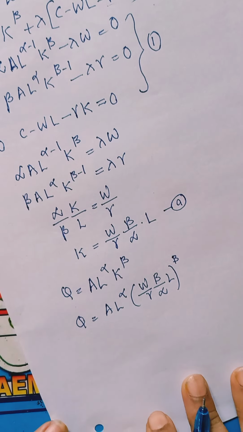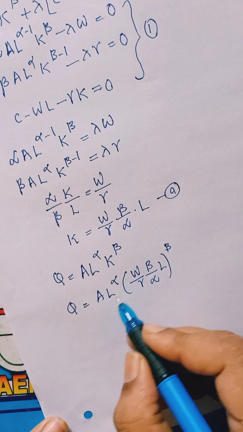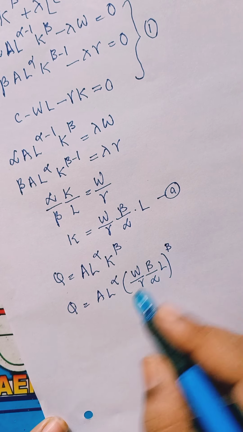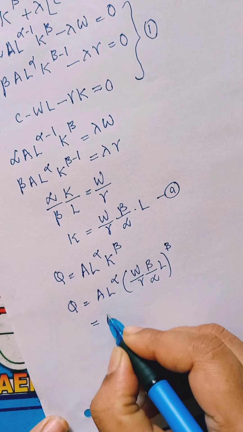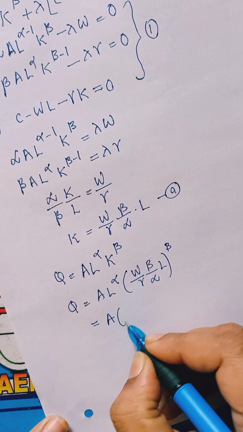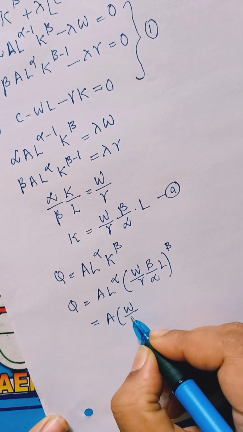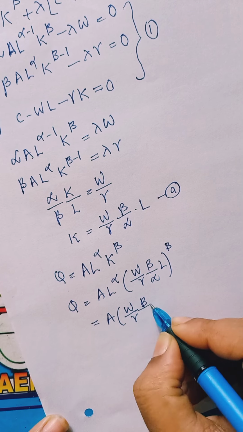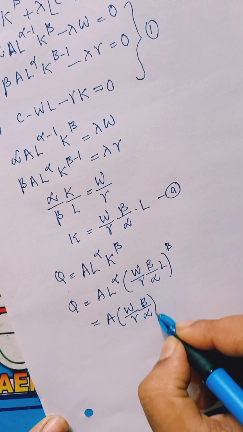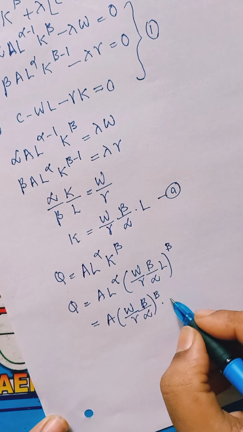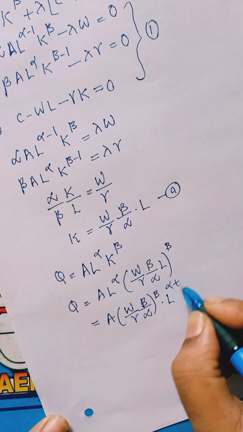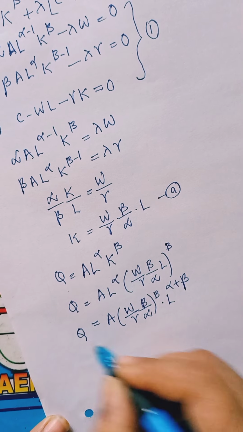Next, here there is L raised to alpha and L raised to beta. Then we can rearrange as A into w by r beta by alpha whole raised to beta, then L raised to alpha plus beta equals Q.